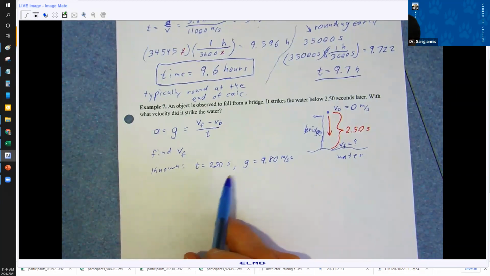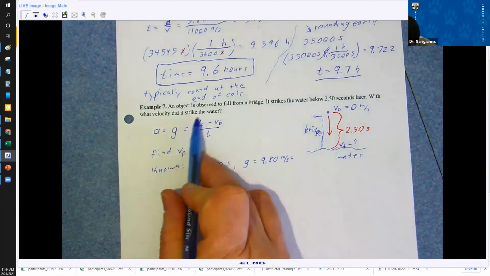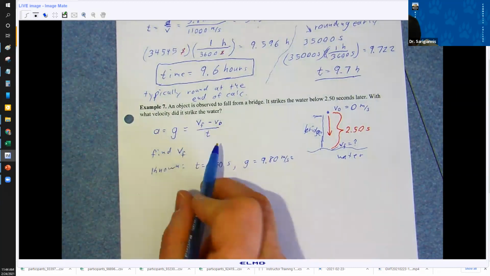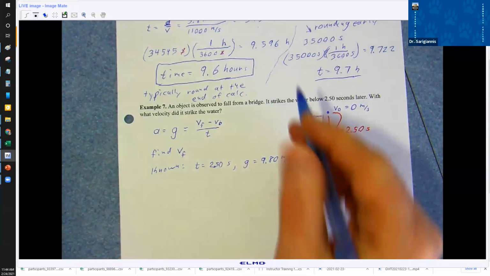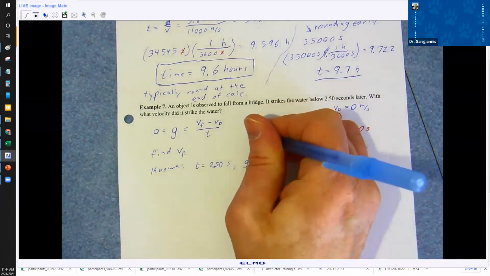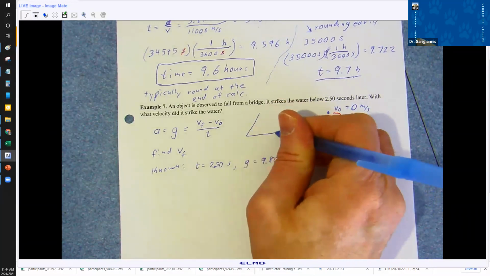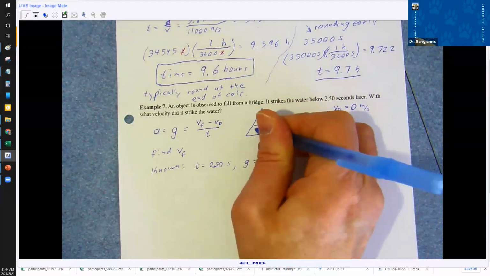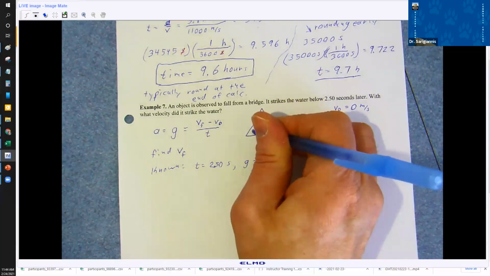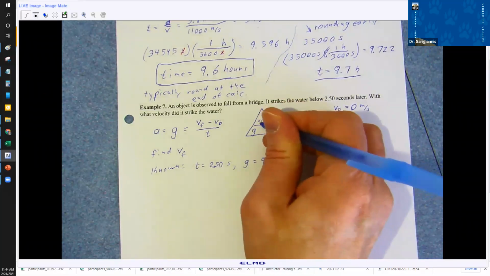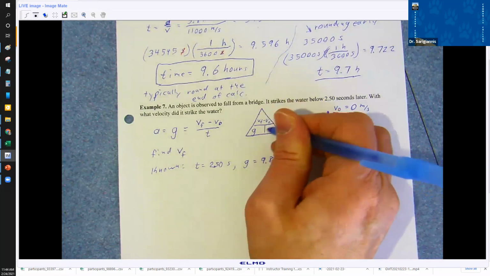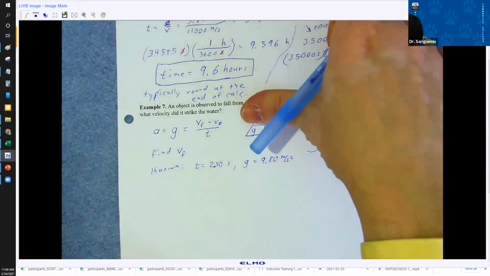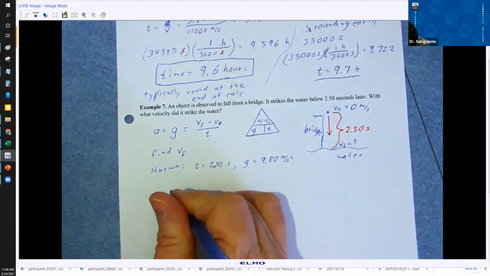So now I'm going to rearrange this equation. I can multiply both sides by t, or I can use my triangle. Let me use my triangle rule here. At some point, we're going to have to do algebra with this one, so it doesn't really make life easier. If we want to find VF minus V naught, that's just g times t.